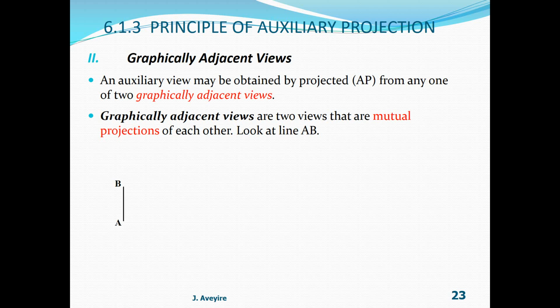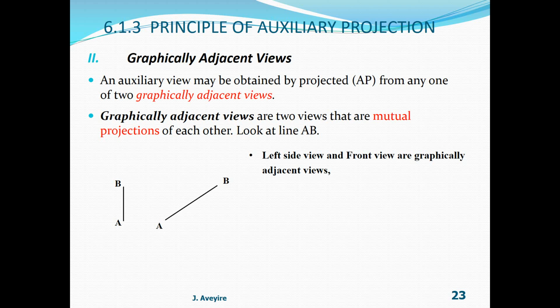Look at line AB. Now, here we have two views. The right side view, which is a vertical line on the left, and the front view, which is an inclined line now on the right.